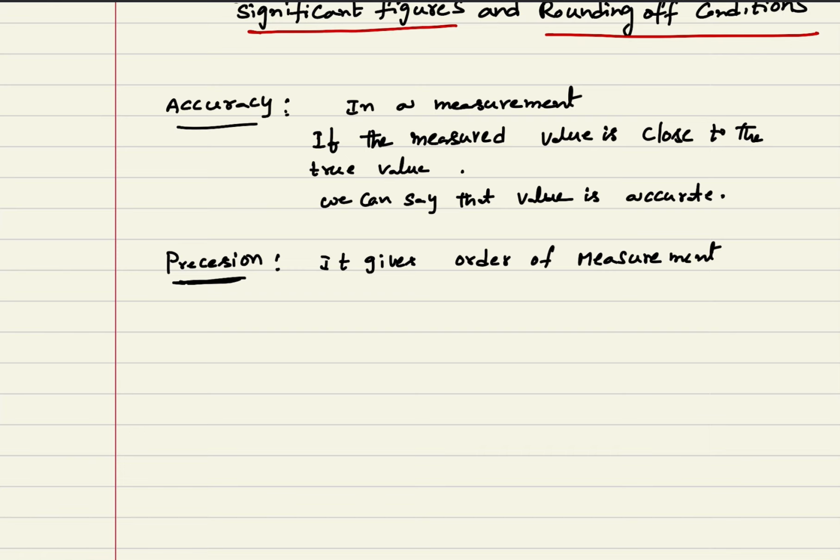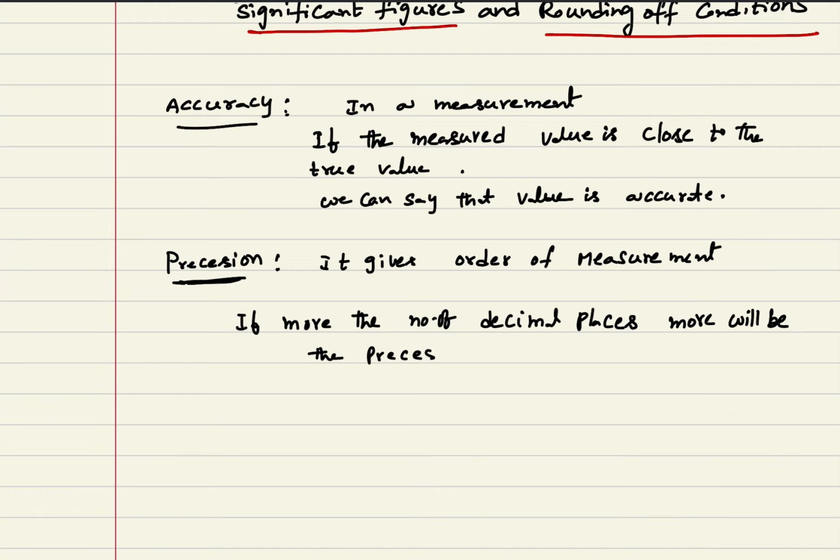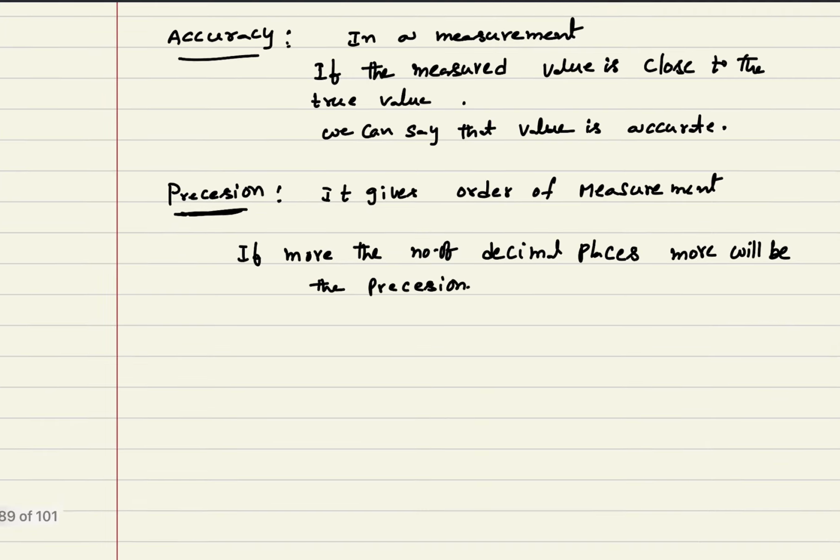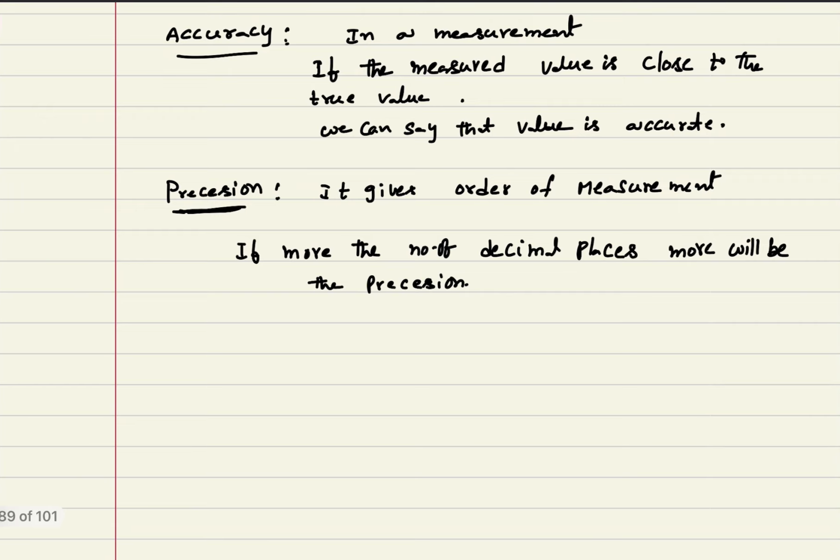This precision gives the limit of resolution in measurement that is related to the given instrument. If there are more decimal places, we can say there is more precision.